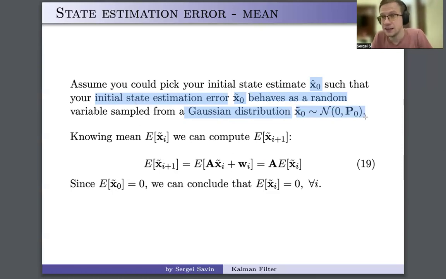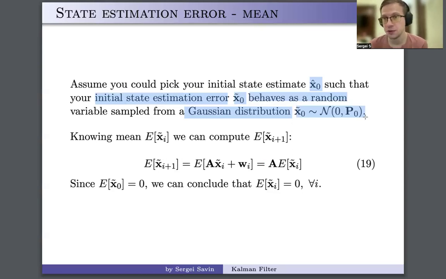What we are asking is that the way you pick your initial state estimate does not have a bias. We want to avoid you picking something with a clear bias, where the state estimation error of your initial pick would always be biased in a certain direction. That is what the mean is, essentially, in this case. We don't want your state estimation to be biased towards a certain direction.